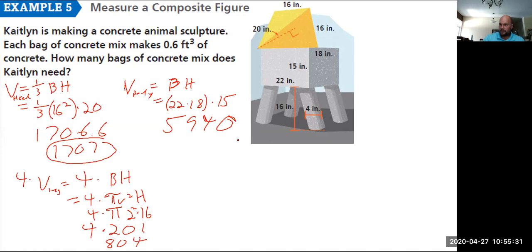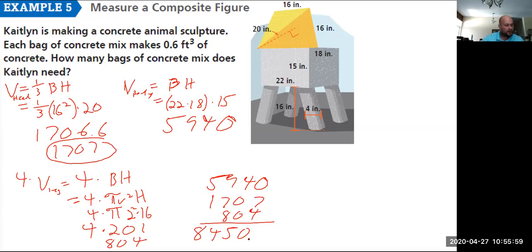So now add those numbers up. 5940, 1707, 804 plus, and that gives us a total of 8450.